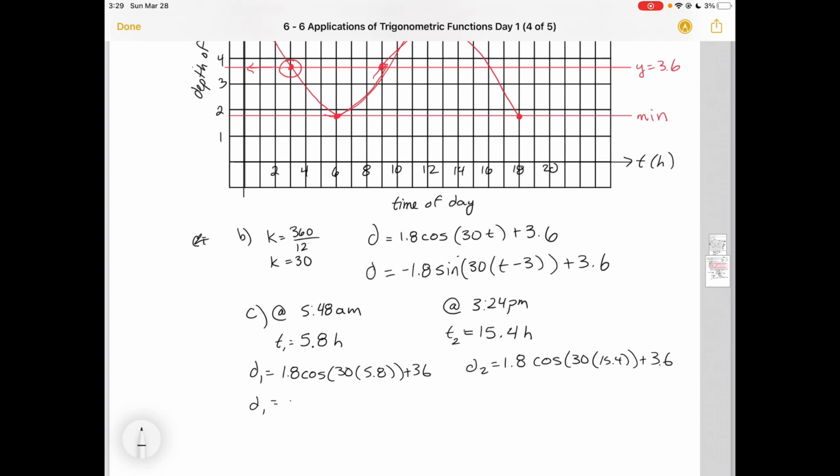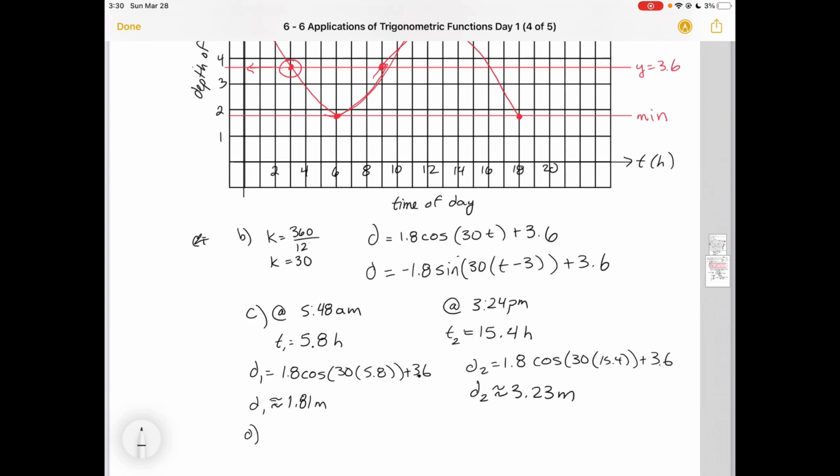So that gives me an initial depth of about 1.81 meters. You can substitute it into your other equation if you want to convince yourself that they are the same thing. Our second equation here is 1.8 cosine 30 times 15.4 plus 3.6, which gives us a depth of about 3.23 meters. Okay.